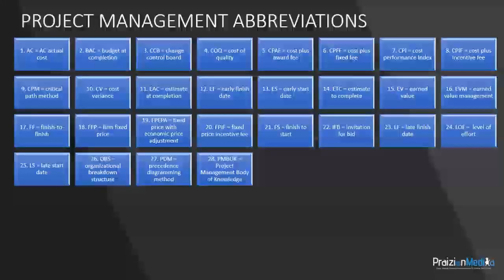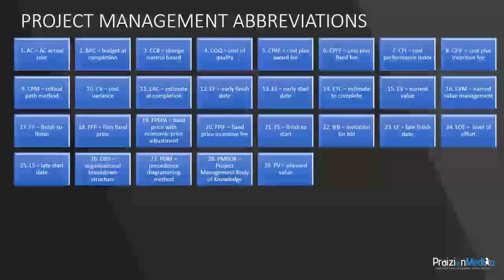PMBOK. This stands for Project Management Body of Knowledge. The PMBOK Guide is a standard published by the PMI and recognized worldwide. PV, Planned Value. Planned value is the budgeted cost of work scheduled for a time period on the project.